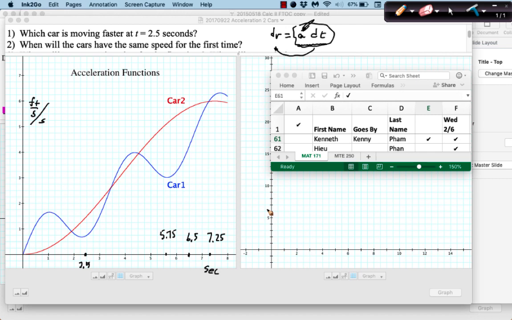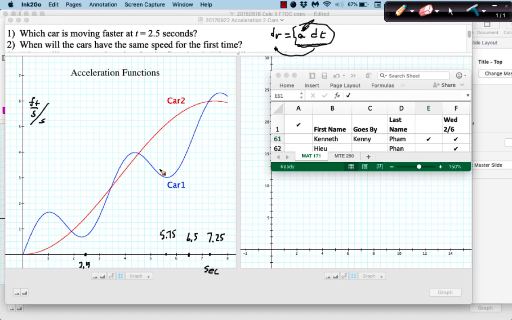Couldn't you just set an acceleration function for both of them, set them equal to each other and take the derivative to find the time when they're both equal? No, because acceleration is the rate of change of speed. Oh, yeah.